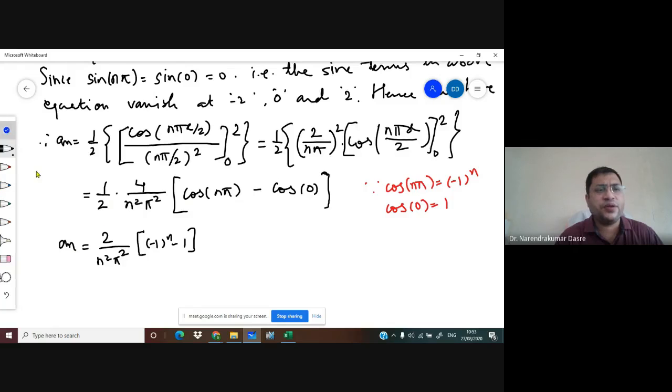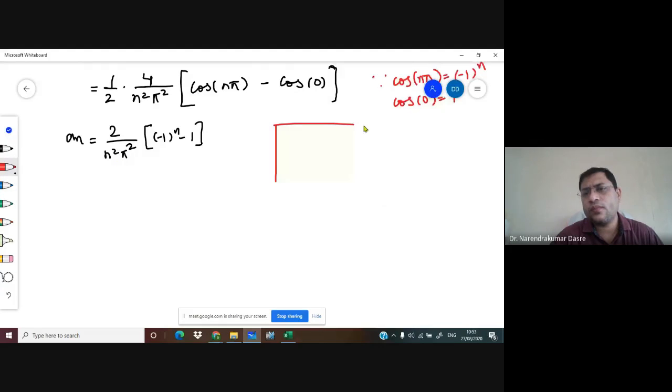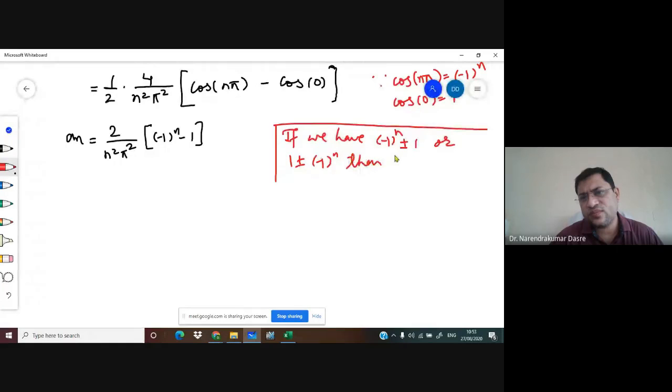So this is an. Now when we have these terms, what we know is, if we have minus 1 raised to n plus or minus 1, or 1 plus or minus minus 1 raised to n, then check for n is even and n is odd.